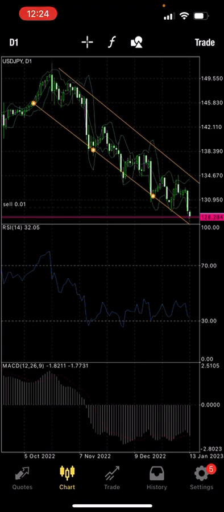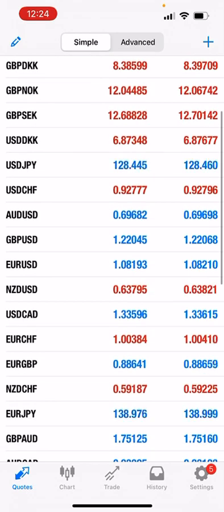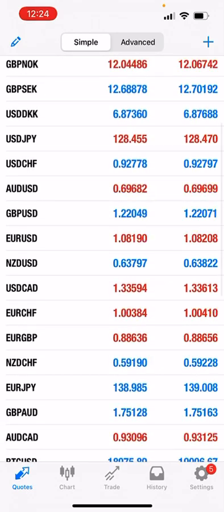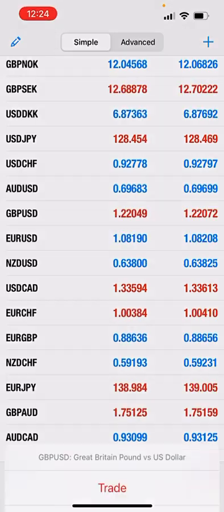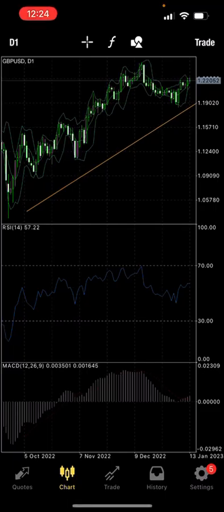Now, that is one. Then we go to number two, because we have two pairs to analyze today. Now, let's go to the GU, Great Britain pound and USD.